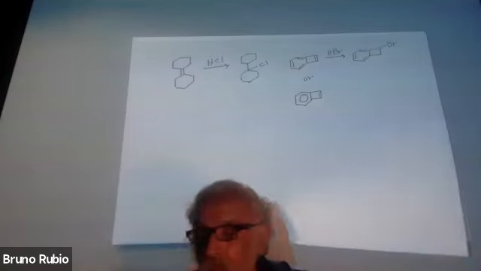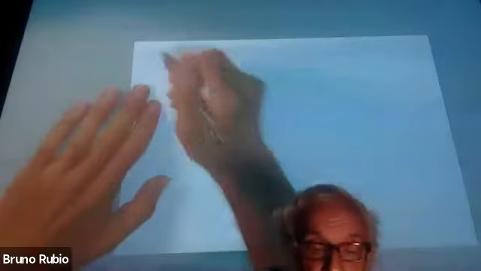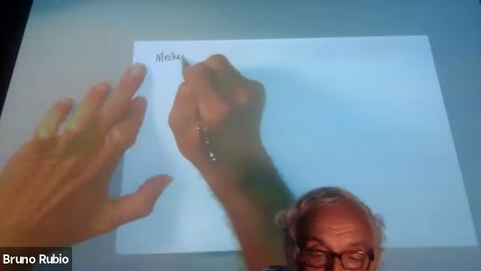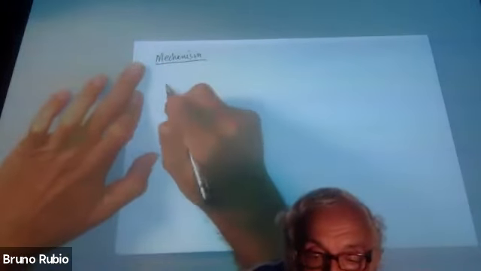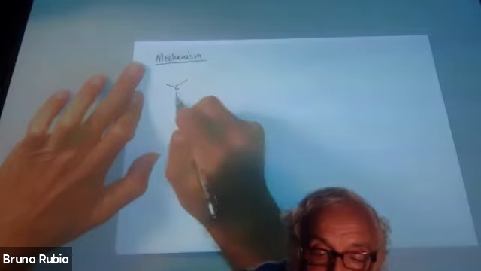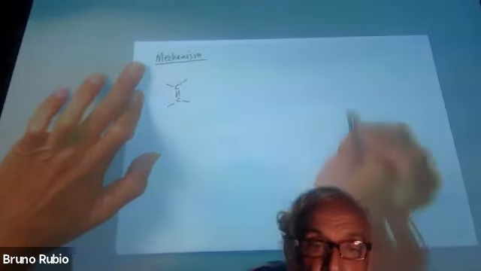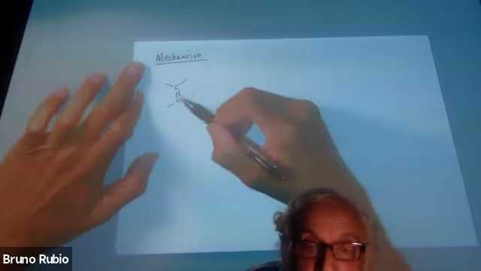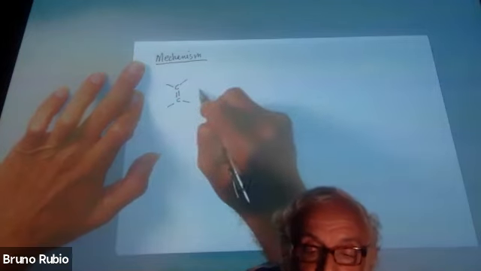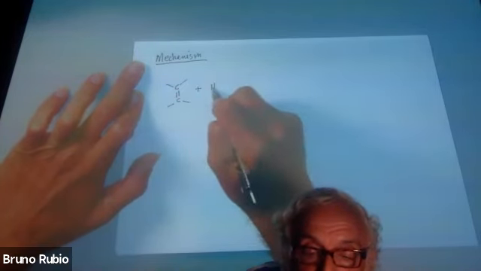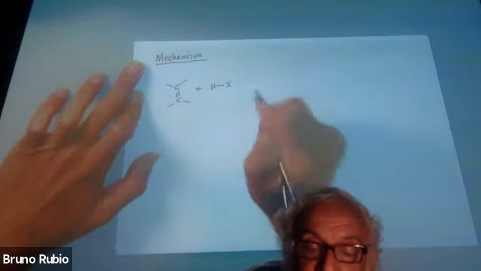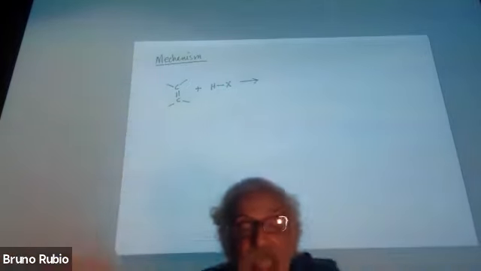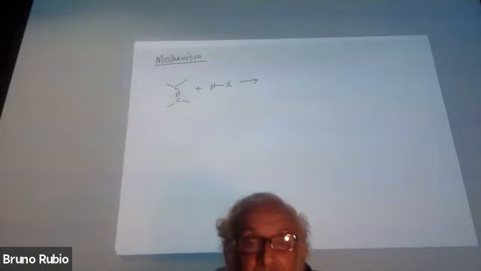Okay, so now let's talk about the mechanism of the reaction. Okay, so we have the alkene. That's a nucleophile. It's electron rich. It has an electron pair, in this case a shared pair, that is available for bond formation. And we just talked about how the H end of the HX molecule is an electrophile.